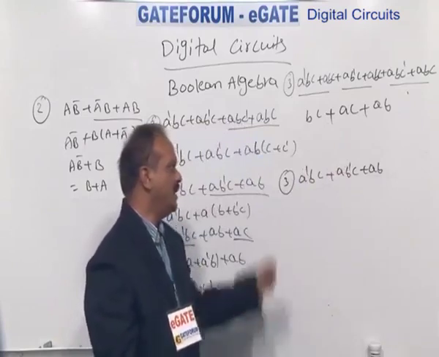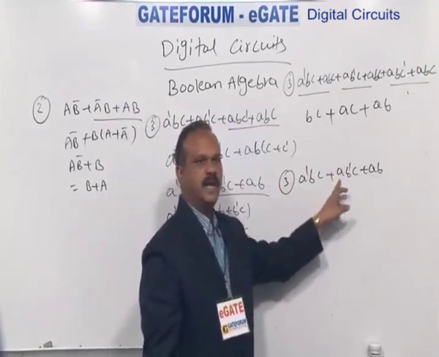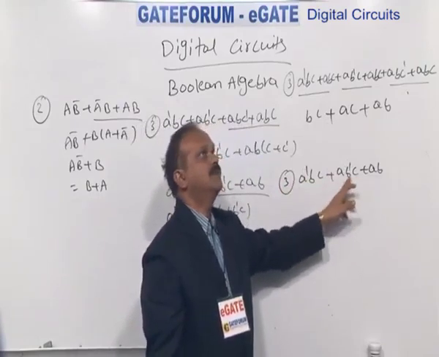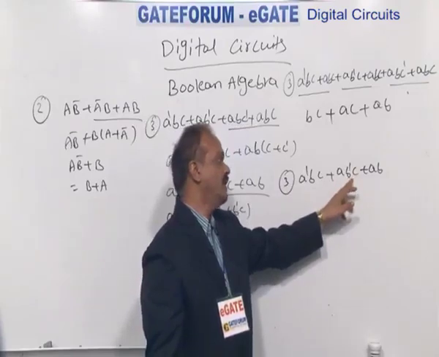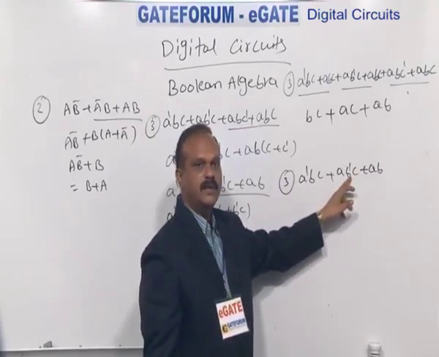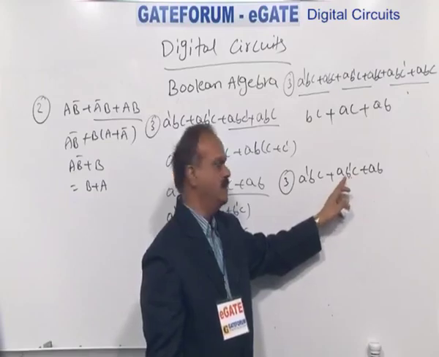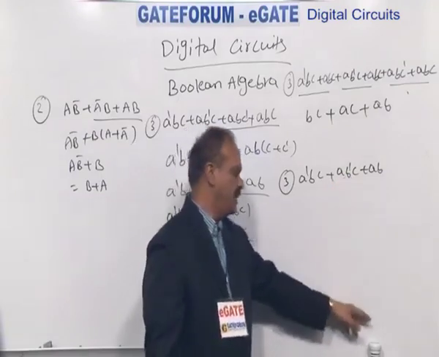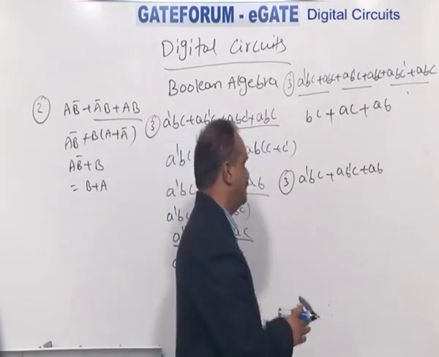Now if you assume that I have taken A common here in the last two terms, it can be written as B plus B bar C. So in B plus B bar C, B bar can be eliminated. So simply eliminate B bar here.